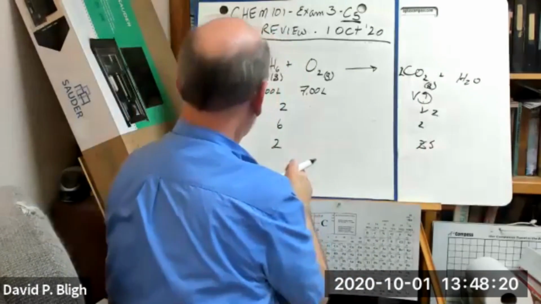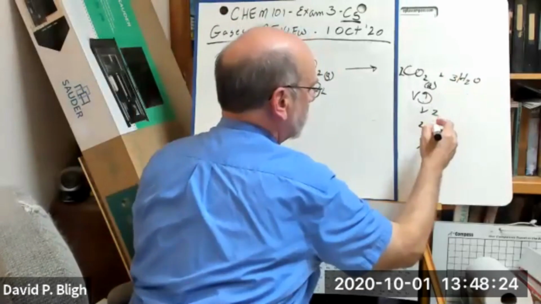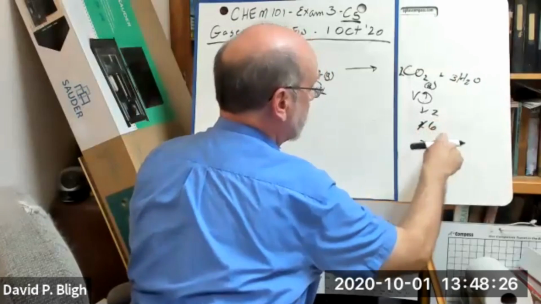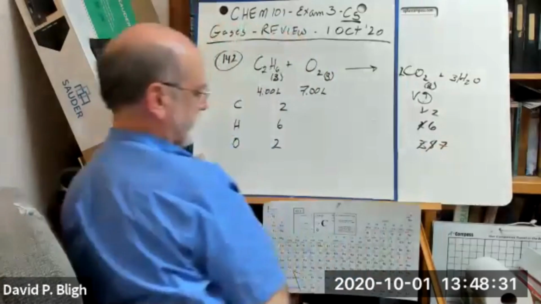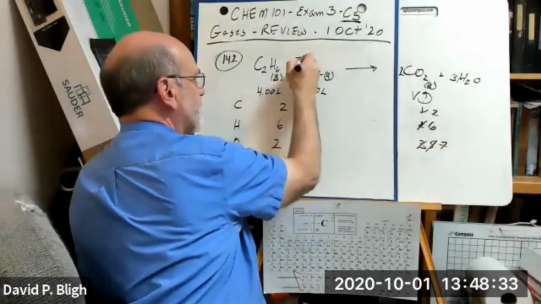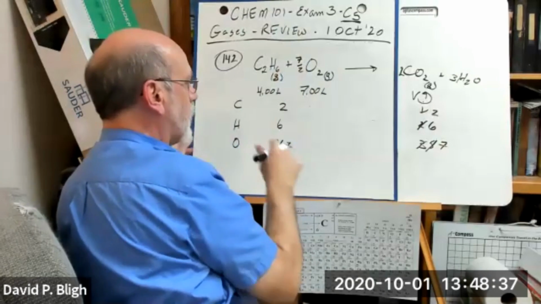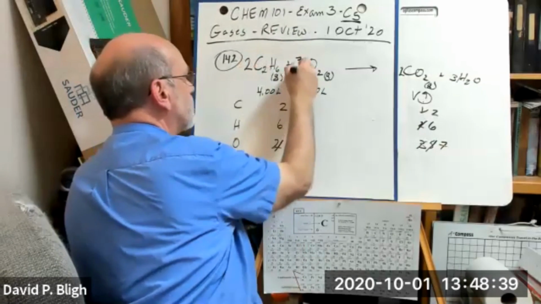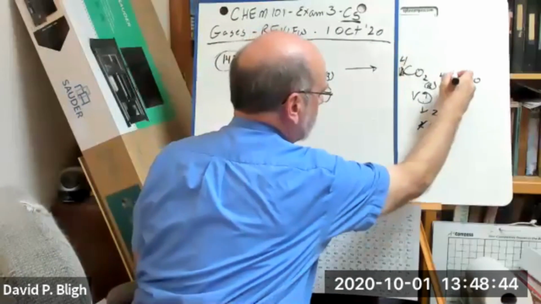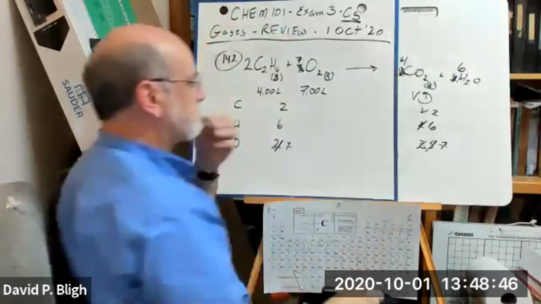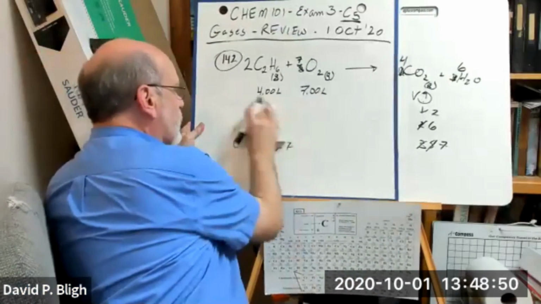Hydrogen then, let's say we go 6 here, we need 6 hydrogen here, so we have 3 there. That changes the oxygen to 4 plus 3 is 7. So we need 7 halves there to give us 7 here. And then overall, we have 2, 7, 4, and 6. Now we've got a balanced equation.